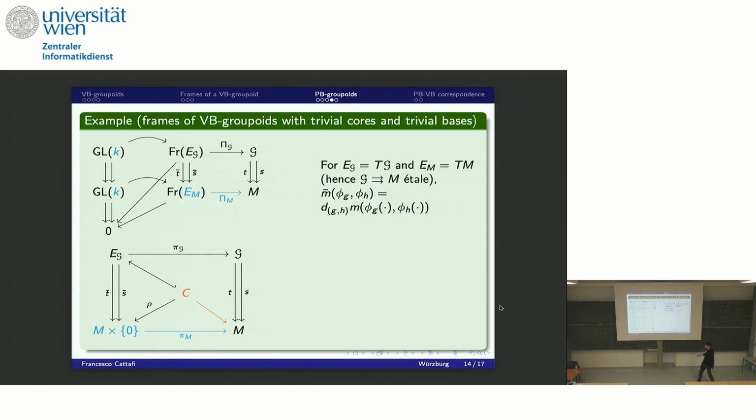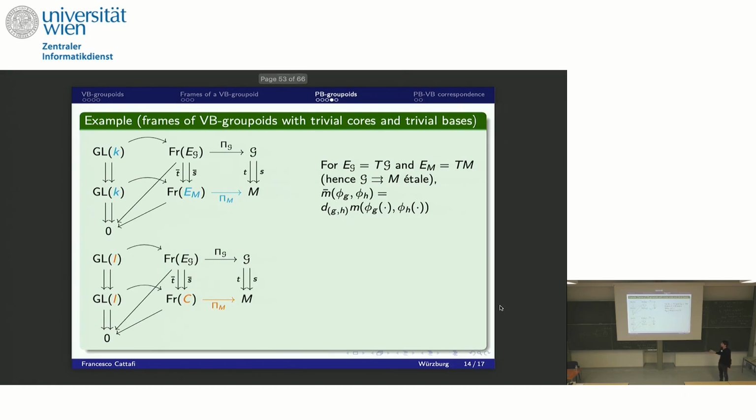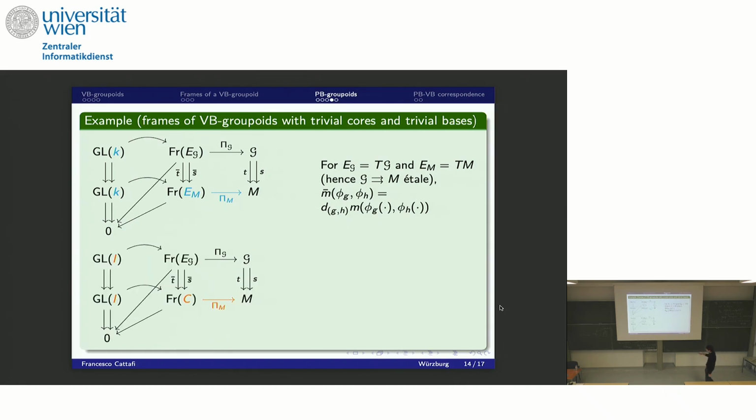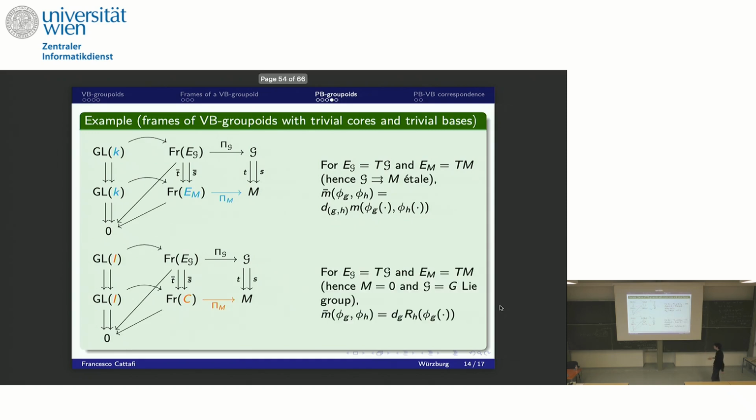So in this case, if I look at the adapted frame, I would get the same frame of E. Before, all the orange part was going away; now all the blue part goes away. So I get GLL, where L was the rank of this bundle here, and since this bundle is rank 0, there is nothing to do with that. Again I get the same kind of object, with these nice Lie groups acting here. And in this case too, if I consider the tangent bundle, I would just get an easy expression of the multiplication.